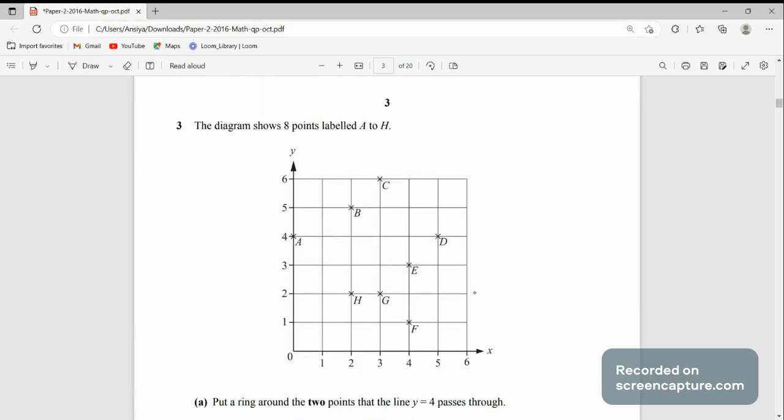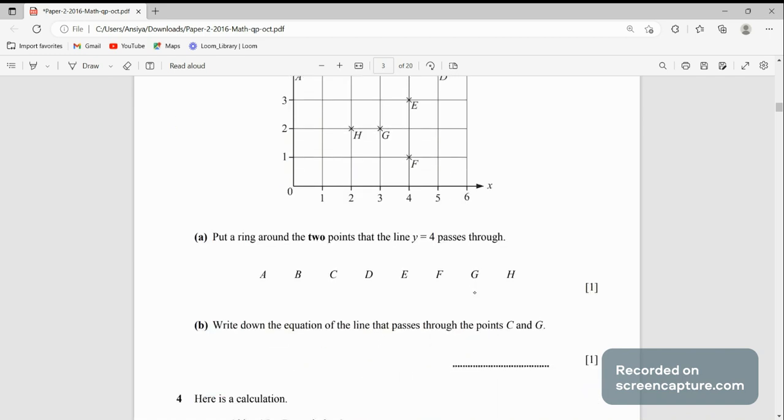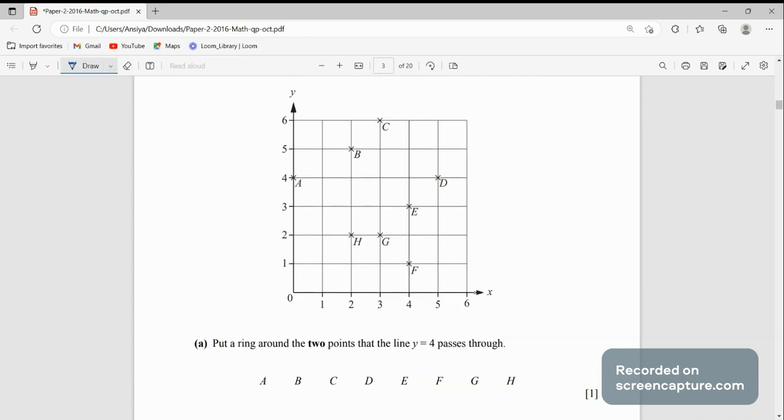Next, the diagram shows 8 points labeled A to H. Put a ring around the 2 points that the line y equals 4 passes through. Y equals 4. We know where the y axis is. This one is the y axis and this one is the x axis. Y equals 4 is a line that goes through this point.